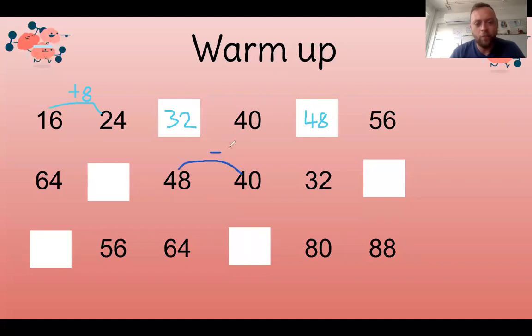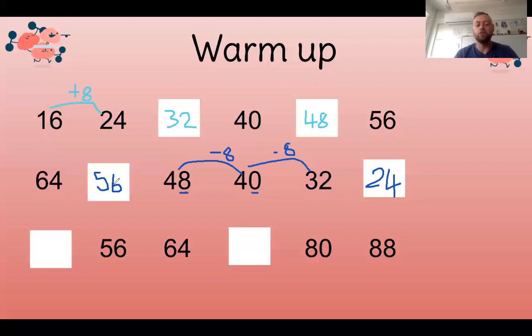So here we needed to take away 8, because I know if I have 48 and I take 8 away, that leaves me with nothing. So we were taking away 8 on this one, which means this number here should have been 24, and this number here should have been 56. Super if you got that. Massive well done.